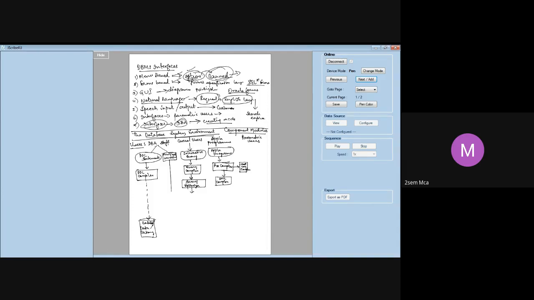The application programmer is writing an application program, and this application program is an embedded one. Embedded means it's a high-level language program, a C program, let us say, in which you have embedded some queries, some DML statements. So you have C statements also and DML statements also.